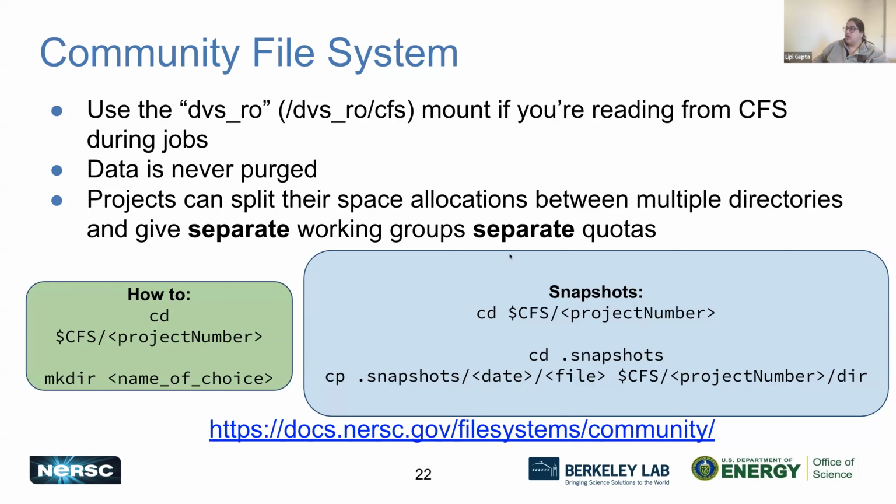I also mentioned snapshots. Every day we take a snapshot of a couple of the systems, the home and the community file system, and these are available to you for 7 days prior. It's sort of like version control. If you've deleted something by accident, you have up to 7 days of previous state.